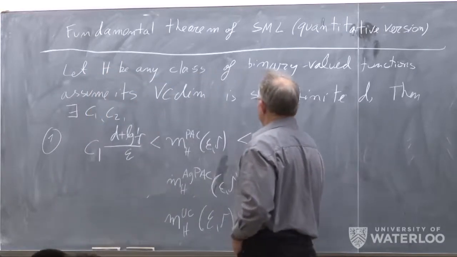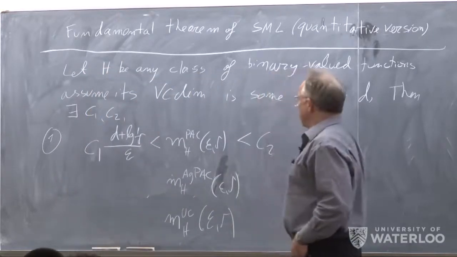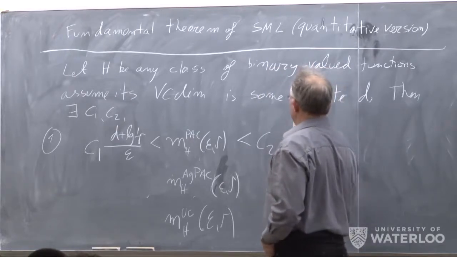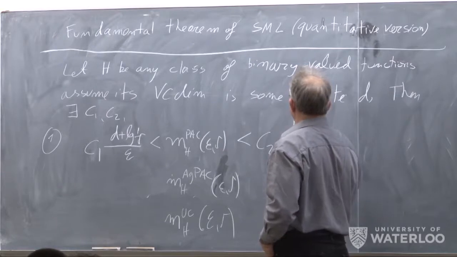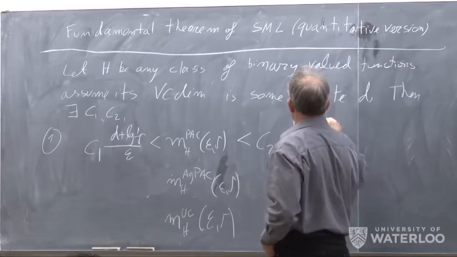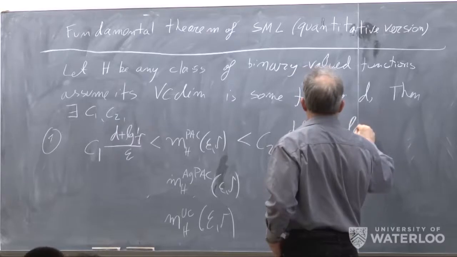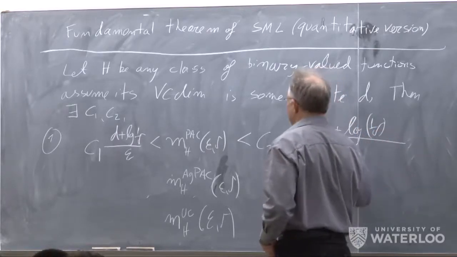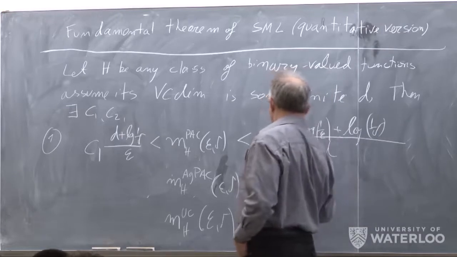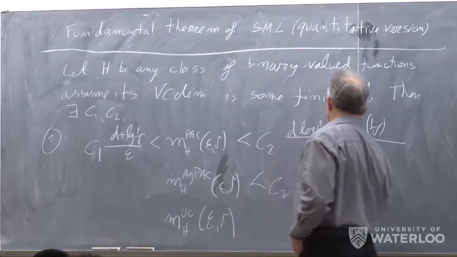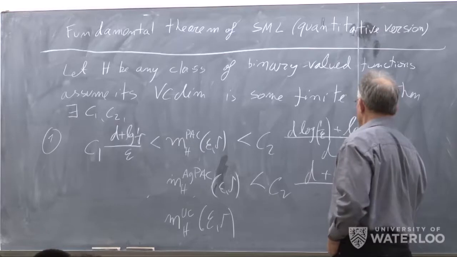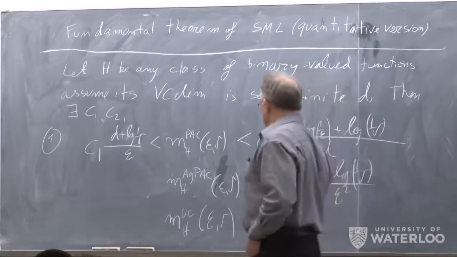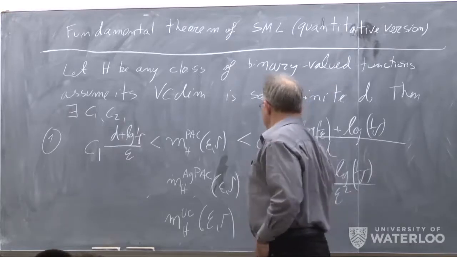And here I had C2 and had something very similar, but I had here this factor of log 1 over epsilon plus log 1 over delta divided by D. And here we had C2 D plus log 1 over delta divided by epsilon square. And here we had the same thing.